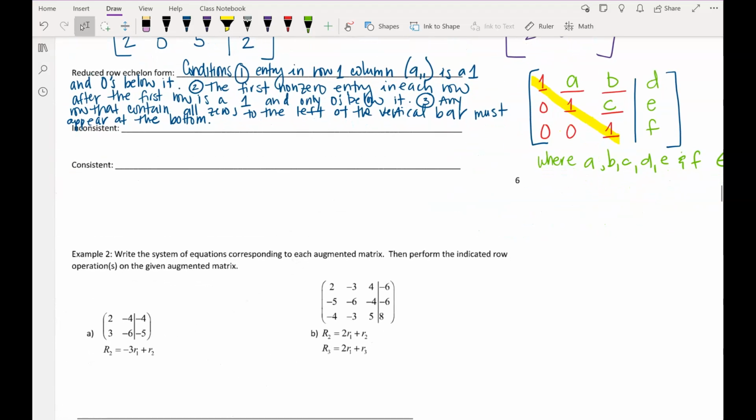All right, inconsistent is when the system of equations don't meet. That means you have no answers, okay? Inconsistent is when the system of equations don't meet, aka no solution.